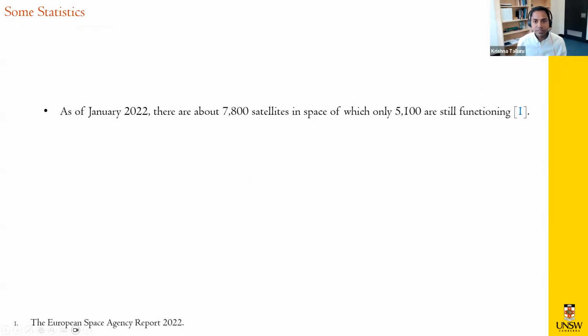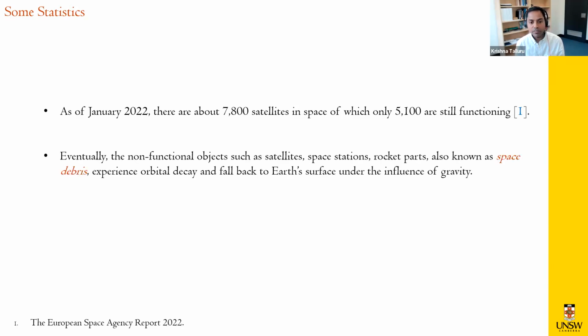So if I read this, as of January 2022, there are about 7,800 satellites up in space, of which only 5,100 are still functioning. So those which are not functioning, eventually they will fall back as space debris.